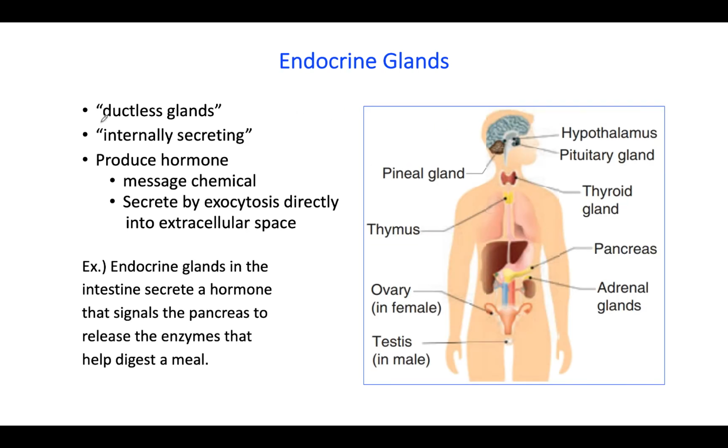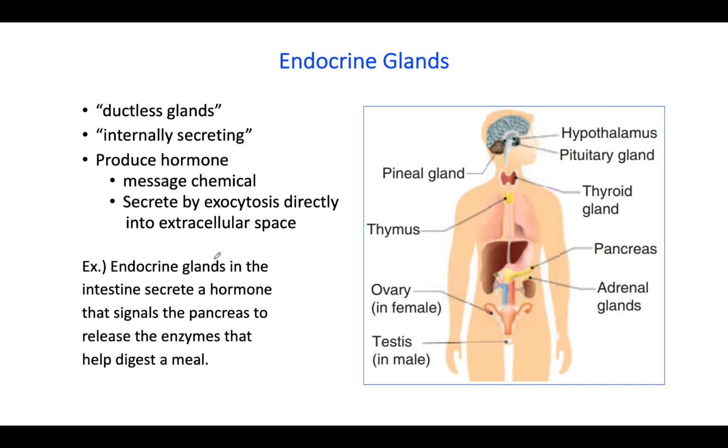Endocrine glands are called ductless glands. The products secreted by endocrine glands are called hormones. These hormones are released into extracellular space, just the surrounding tissue, and then enter the blood vessels and travel through the bloodstream to deliver a chemical message to specific target organs far from the site of release.